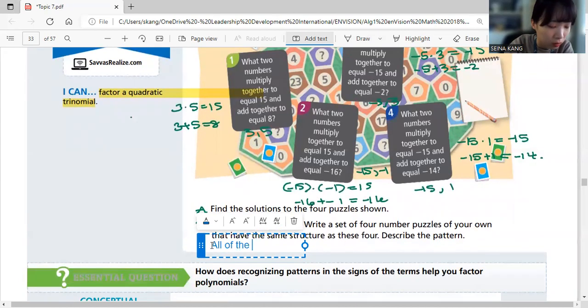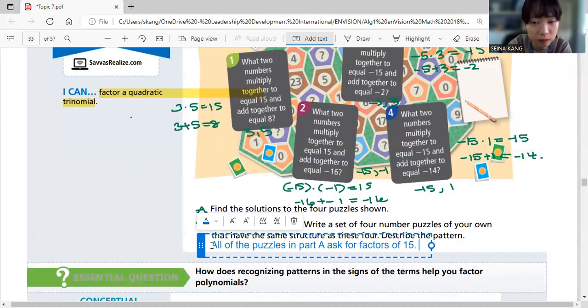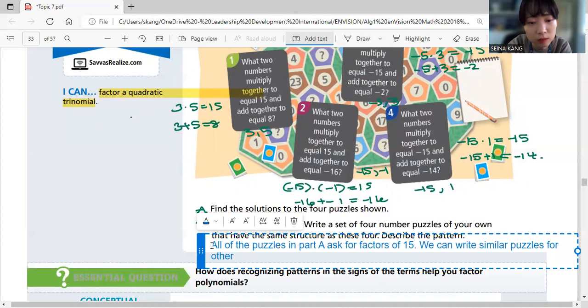All of the puzzles in part A ask for factors of 15. We can write similar puzzles for factors of other numbers.